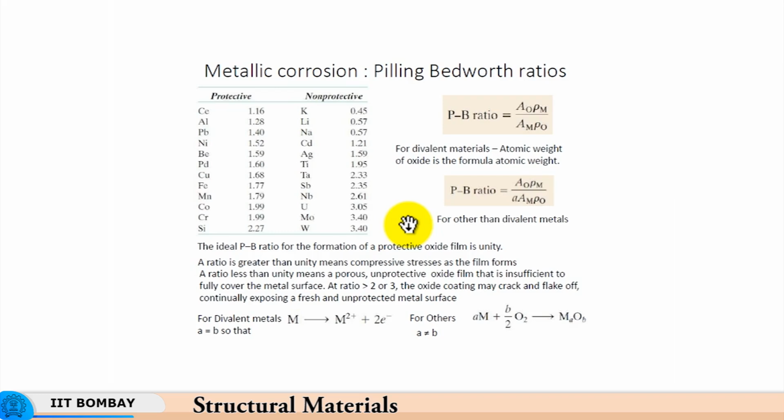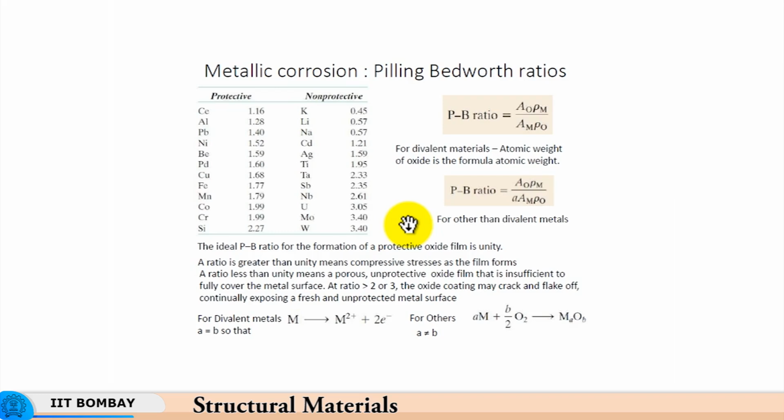Now, this is the expression for the Pilling-Bedworth ratio for divalent materials, meaning valency of 2. When I say valency of 2, I am talking about, let us say, FeO, for example. Here I would not talk about FeO, whereas here you have other than divalent metals, so the valency is other than 2.